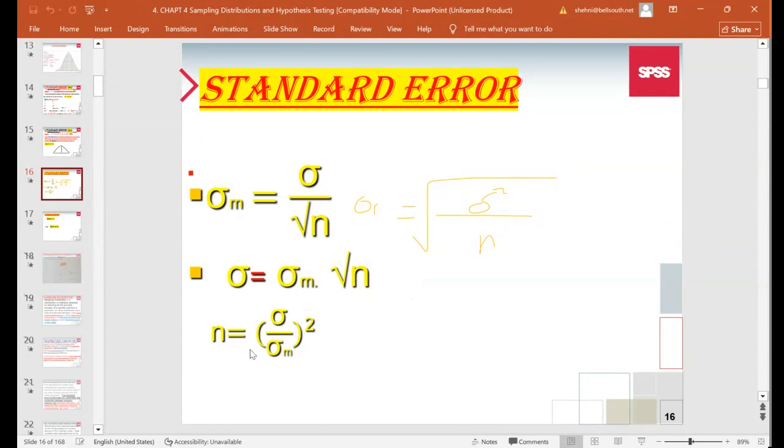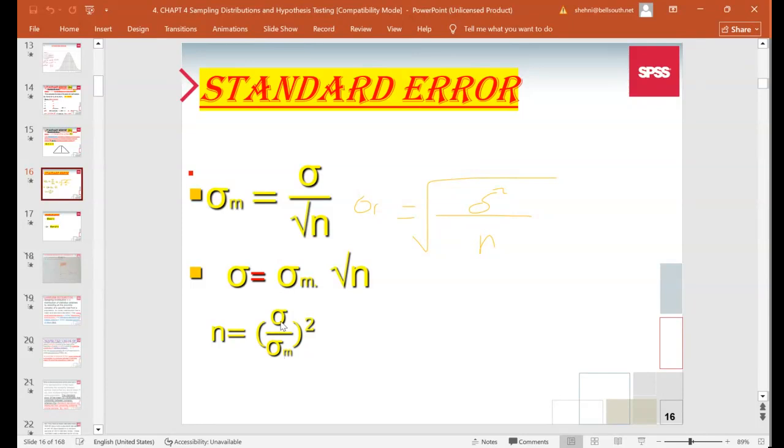And the other two at the bottom are derivatives of the standard error. You derive these formulas from that. It's a little algebra. If you don't know algebra, it's okay. So if for your quiz or exam I ask for n, which is participants or number of scores, this is how you calculate it.